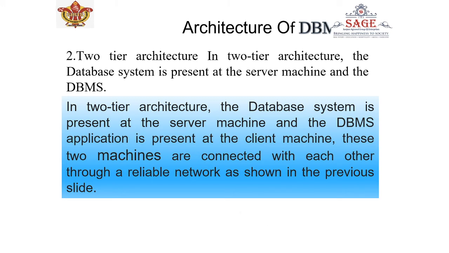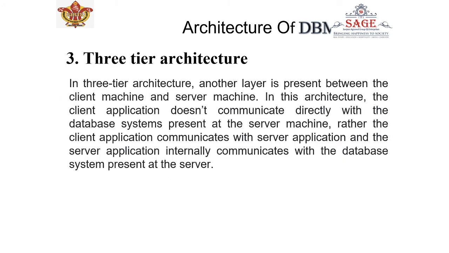Now we will see the three-tier architecture. So in three-tier architecture, another layer is present between the client machine and the server machine. In this architecture, the client machine or client application does not communicate directly with the database system present at the server machine.